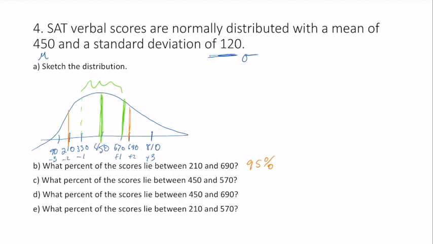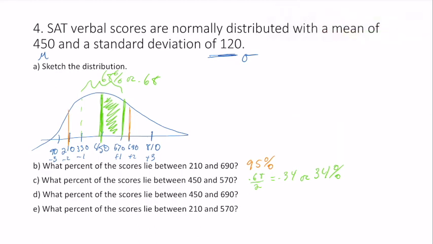So within the first standard deviation, I have 68% of the data, or an area of 0.68. The mean divides that in half, though. So I'm going to take 0.68 divided by 2 to figure out the area over here. That gives me 0.34, or 34%.